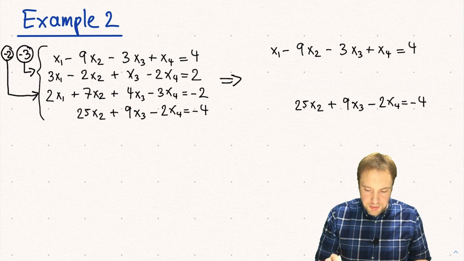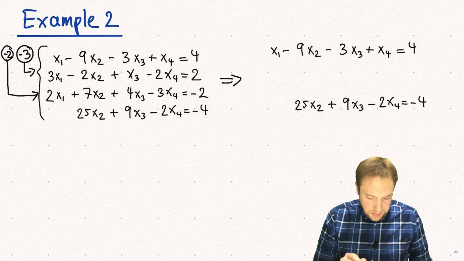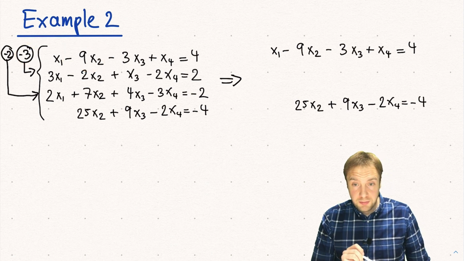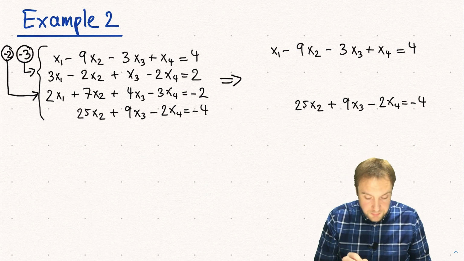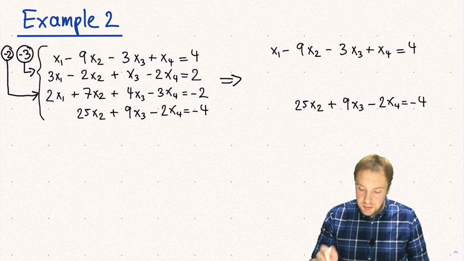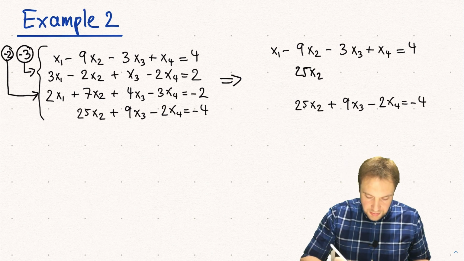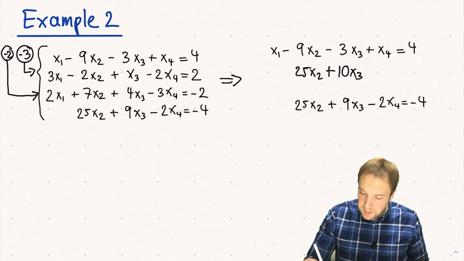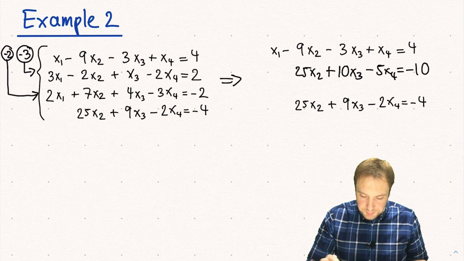And now in the second equation we get rid of this x1 here, but now we need to take this minus 9 times minus 3, which is plus 27, and then we subtract 2, so here we get 25 x2, and then the rest you can check by yourself that this gives 10 times x3 minus 5 times x4 equals minus 10.